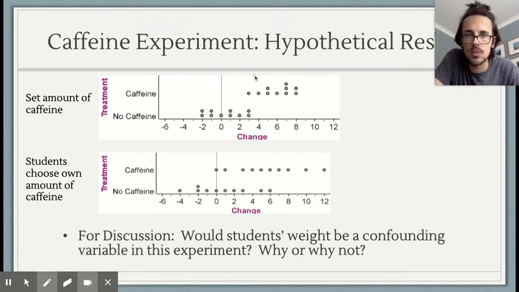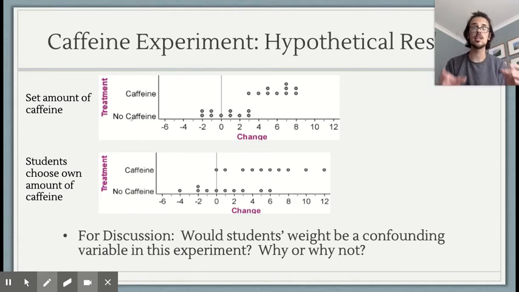In my first little dot plot right here, these people were given the same amount of caffeine soda and these people were given caffeine-free, same soda. Want to make sure they drink the same amount of soda, not more or less, depending if you have caffeine or not. Same temperature, same everything, same rate of drinking. Only difference is these guys got X amount of caffeine.